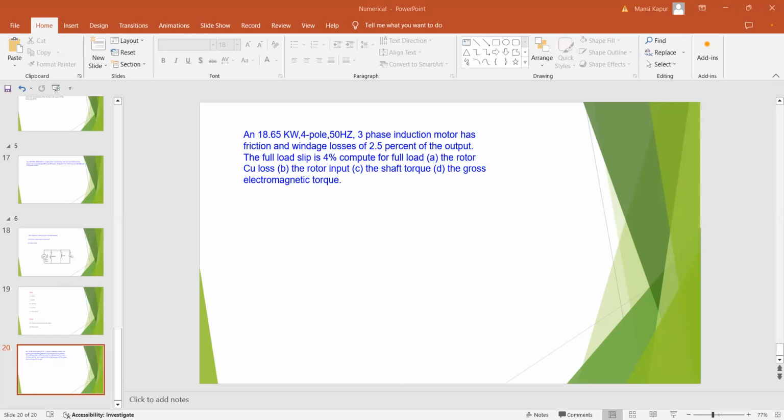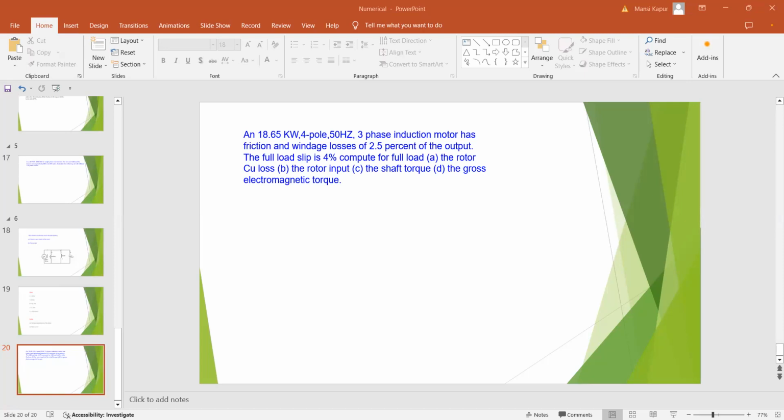An 18.65 kilowatt, 4 pole, 50 hertz frequency, 3-phase induction motor has friction and windage losses of 2.5% of the output.